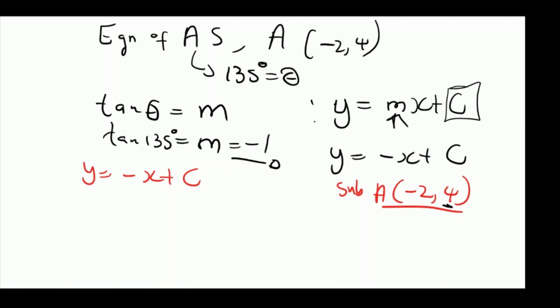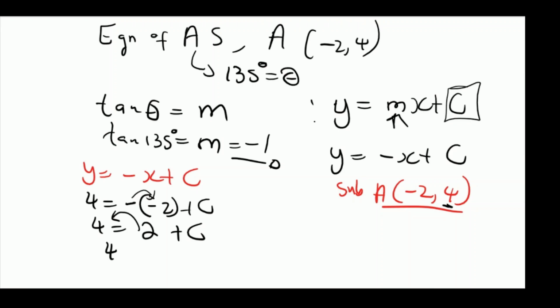Where there's y, you put 4, and where there's x, you put -2, so 4 = -(-2) + c. Negative multiplied by negative gives +2, so 4 = 2 + c. Transpose the 2 to the other side: 4 - 2 = c. So c is equal to 2.